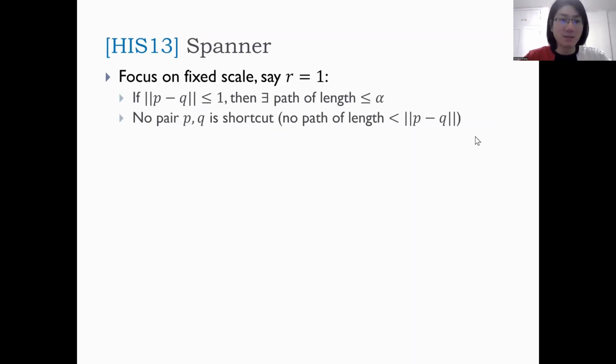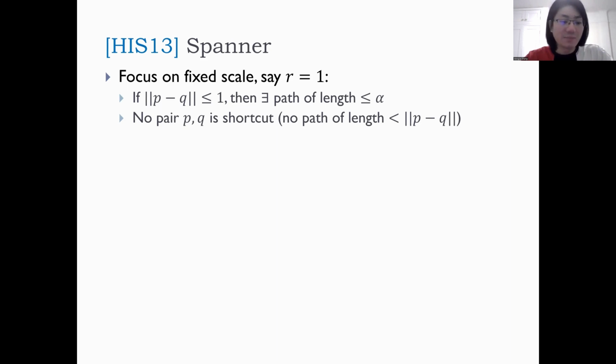To present our result, let's first review the spanner construction from the previous HIS 13. Let's focus on one scale, say r equal to 1. The goal of our spanner construction is that for any two close points P and Q, we should have at least one path of length at most alpha in the spanner.